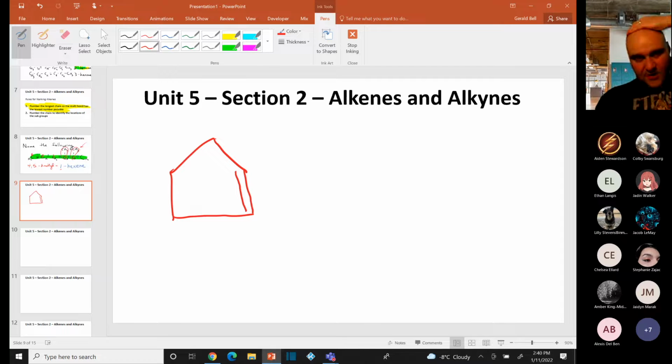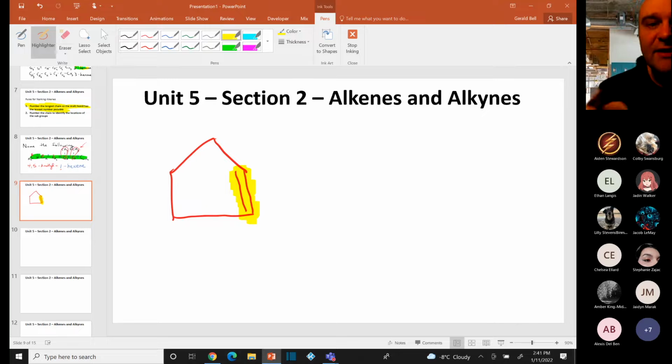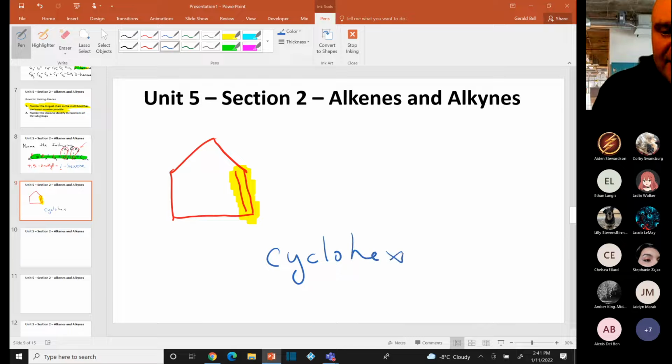With this one, our rule always says that we want to get our multibond in the lowest spot possible. The thing about this ring is that we can name any carbon as our first carbon, meaning that this multibond is always in the first spot. So we don't actually need a number to indicate where it is. What we do need is a name, so I would just call this one cyclohexene.